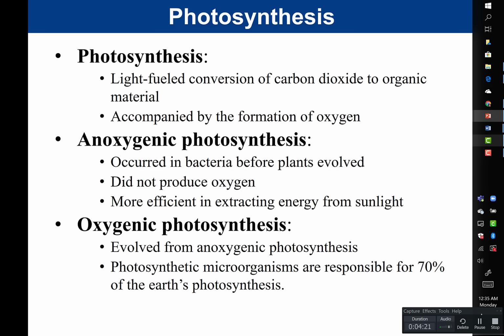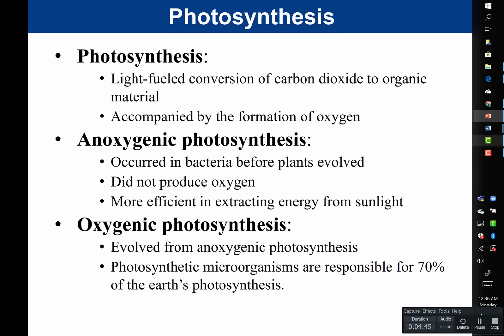Now, remember that I said that some bacteria, for example, are photosynthetic. They are able to convert solar energy to chemical energy. And so this is going to be the light-fueled conversion, so using sunlight, and converting carbon dioxide to organic material, so glucose, for example.